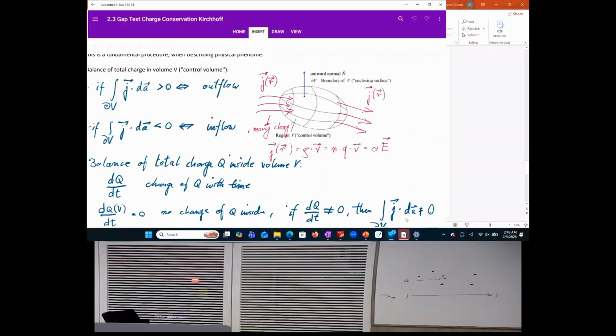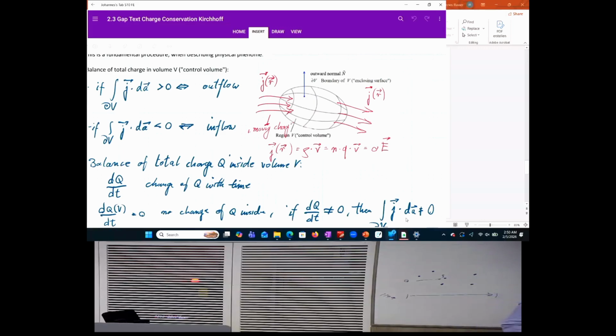And if you integrate all the current density that passes through the surface over this enclosing surface, then that tells you whether you have overall an outflow of charges or an inflow of charges. And the outflow or inflow of charges obviously is equivalent to the change of charges in this volume over time.